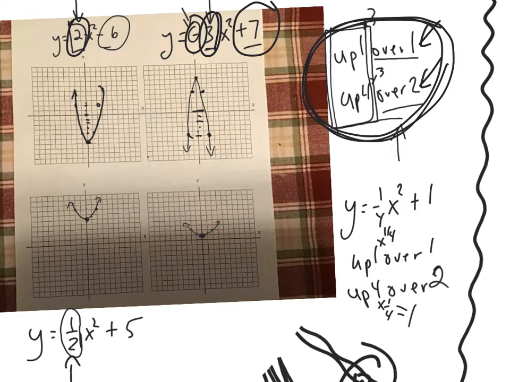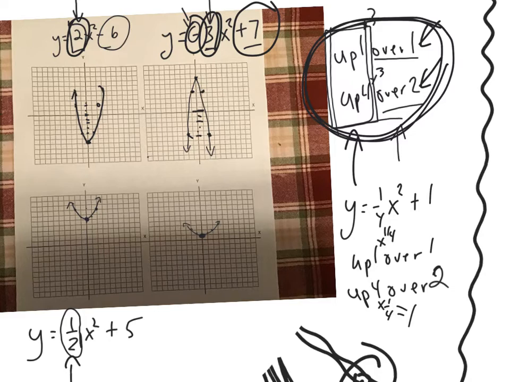I don't go over 2, over 4, or anything like that. I'm always going over 1, and then on the next set I'm going over 2, and that's it. The only thing that changes is how much I go up and down. Okay, the over never changes. All right. Now, I'm going to give you 2 of those on the quick check. Okay, those will be real fast and easy, I think.